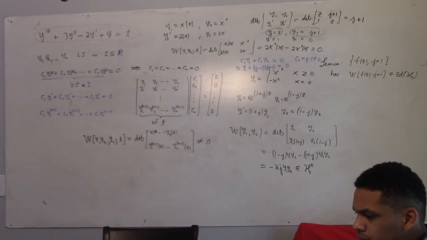How do I know that there exists a fundamental solution set? I apply Theorem 3.3 n times. And 3.3 is the existence and uniqueness theorem. I choose solutions such that the initial conditions have the jth derivative equal to 1 and everything else 0.